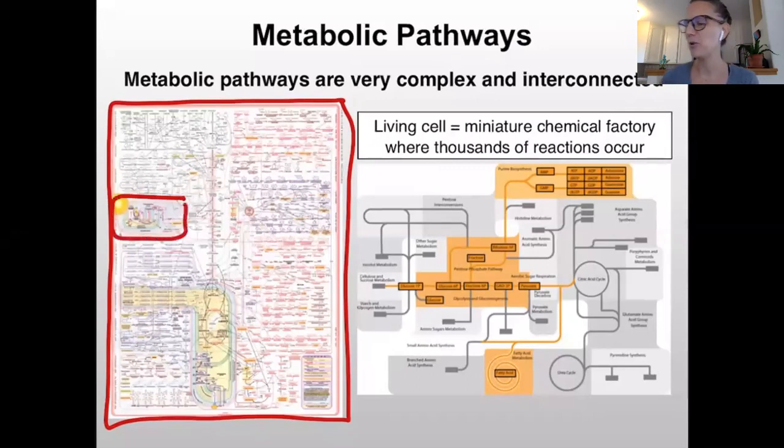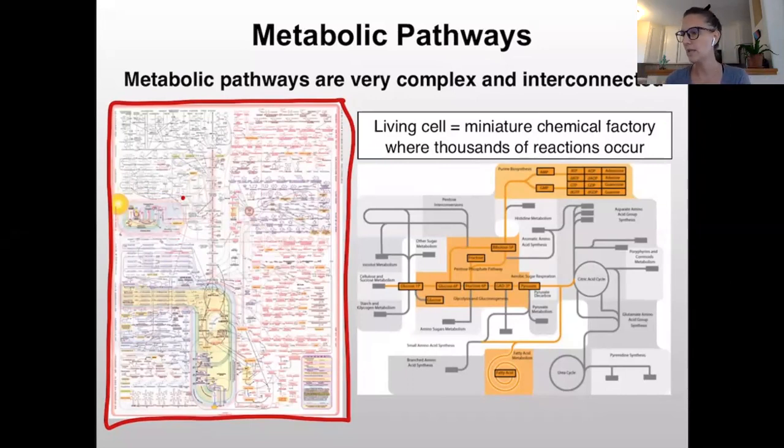But in general, I just want you to know that there are literally thousands upon thousands of reactions occurring within a cell at any one point. These metabolic pathways are very complex and very interconnected. We're going to focus on just a small part of them.